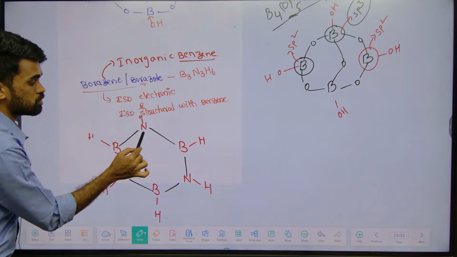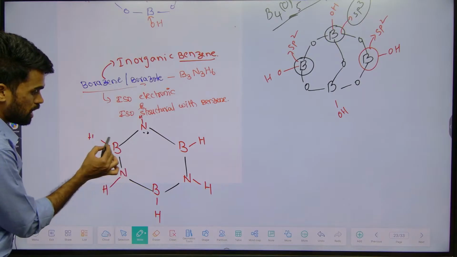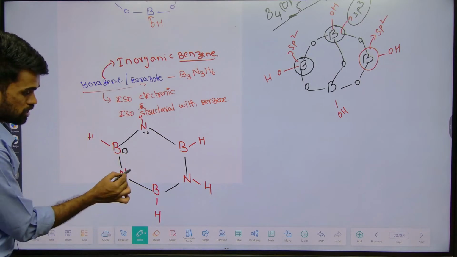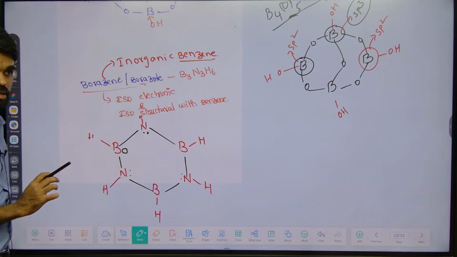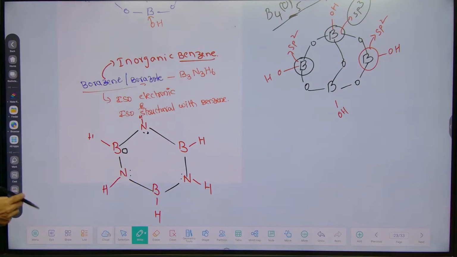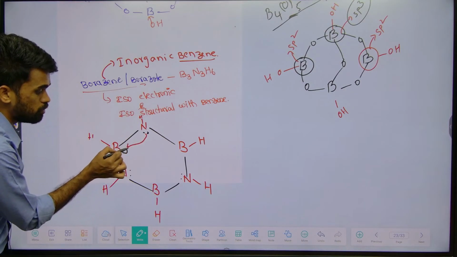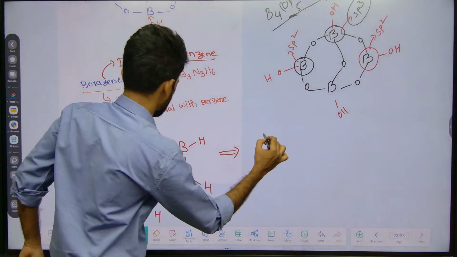Nitrogen with 3 bonds means there is 1 lone pair of electrons. Boron with 3 bonds means there is 1 vacant orbital for each of the borons, and each of the nitrogens will have a lone pair. Okay. So now what happens is the lone pair electrons of nitrogen is donated into the empty orbital of boron. So the structure becomes something like this.